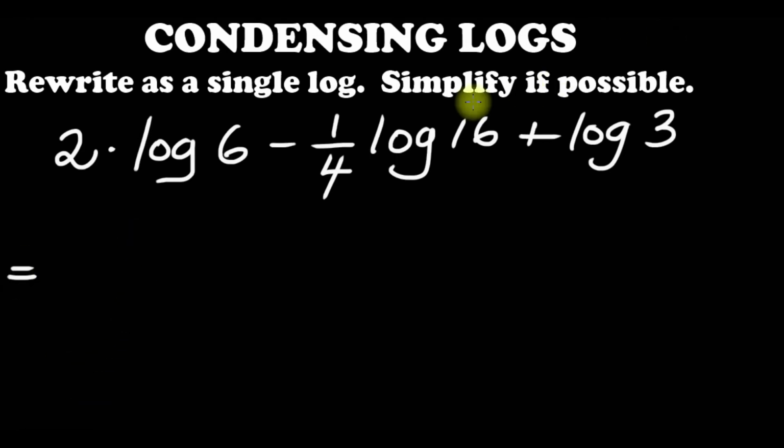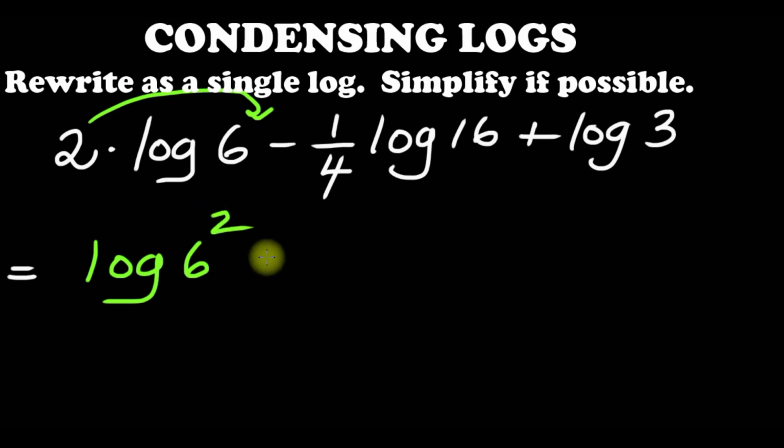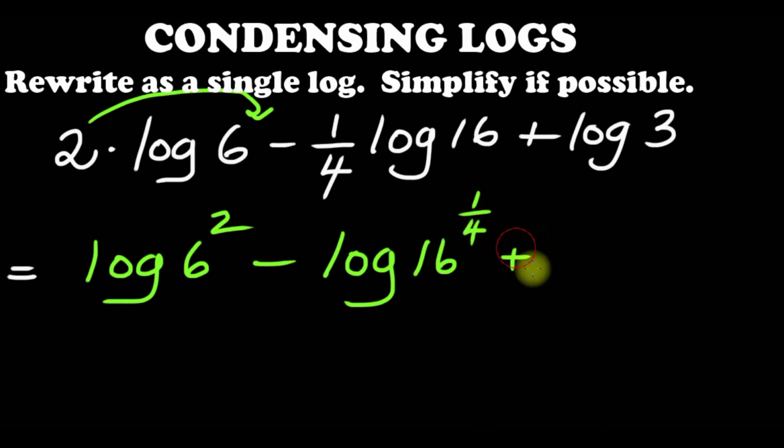The first one, we apply the power property because the 2 is the coefficient, and we need to get that coefficient up to be an exponent. So it's going to be log 6 squared, take away, same thing here, we use the power property, so this would be log 16 to the 1 over 4, plus log 3.